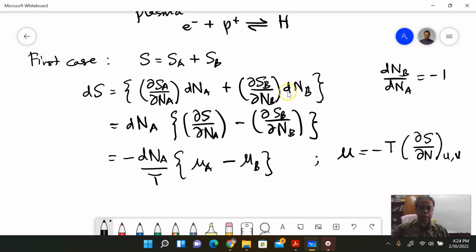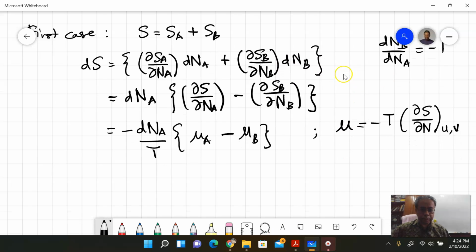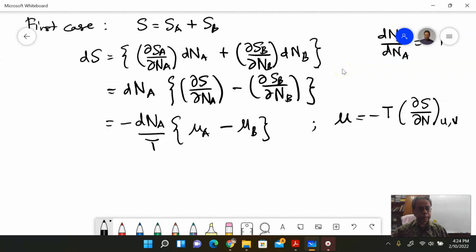As I said earlier, when it achieves equilibrium, in this case chemical equilibrium, then one should have the entropy at its maximum and there will be no further change.